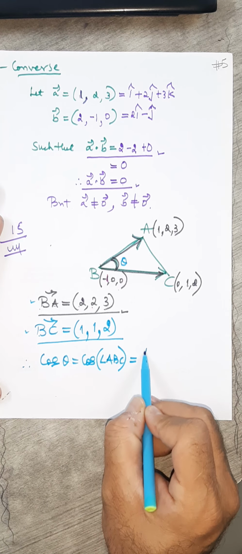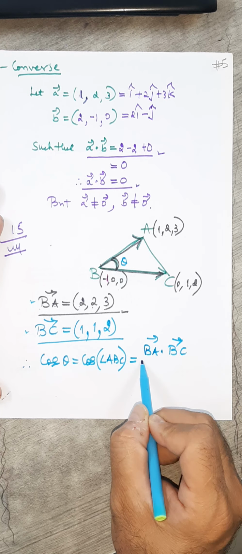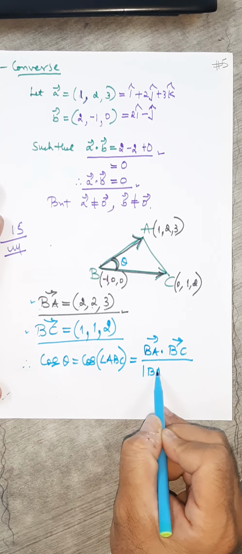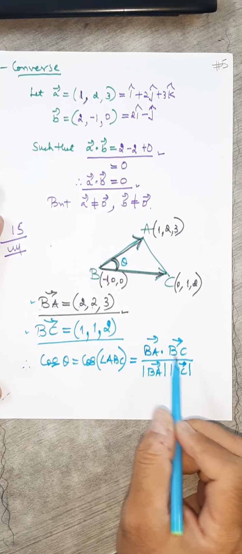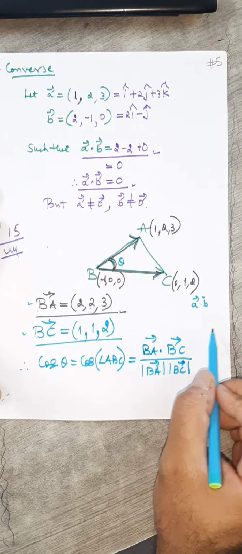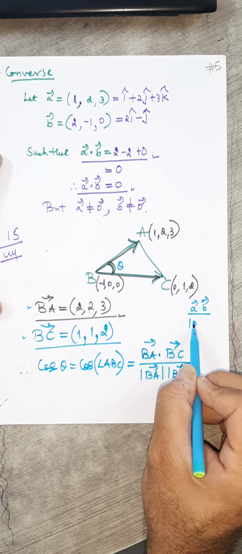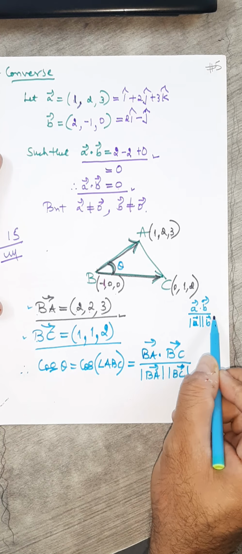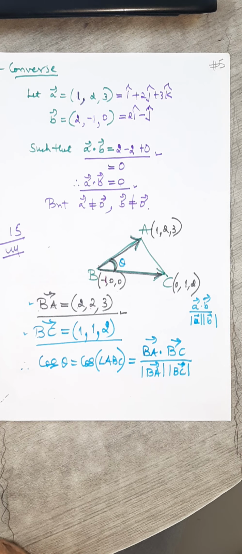Their dot product, so BA dot BC upon their magnitudes. Fine? We have used that formula. Which formula? Vector A dot vector B upon magnitude of vector A, magnitude of vector B, remember. That's what you have used indirectly. Is it? Now you just need to simplify, so you'll get the required angle.